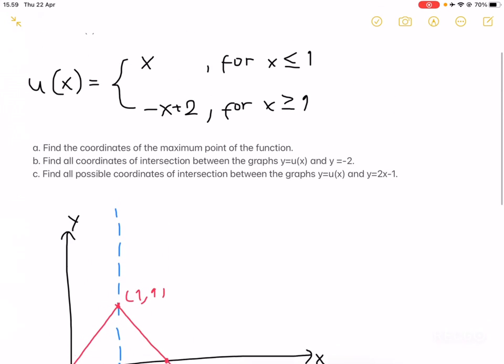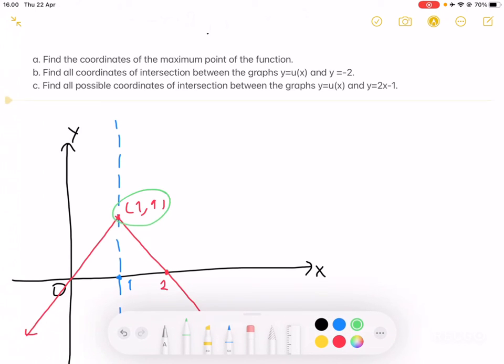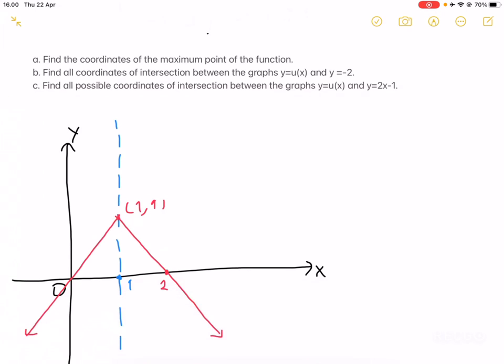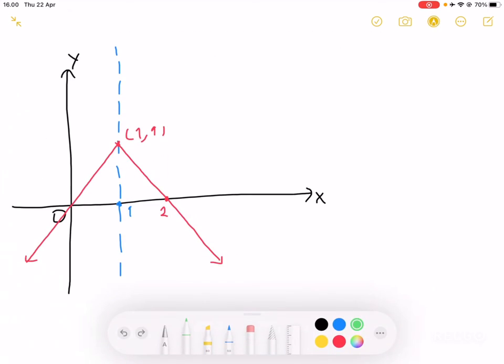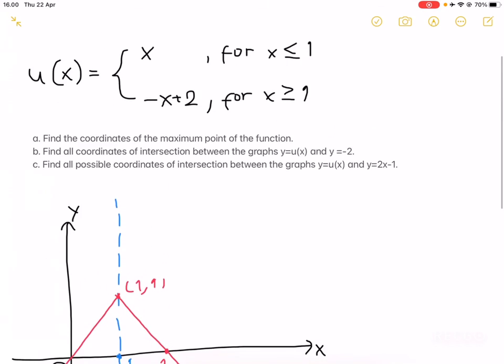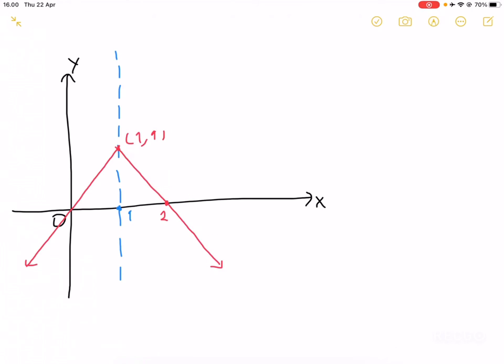Now you may guess that the maximum point of the function is indeed 1, 1, because notice that if you were to go this way, you end up going downwards and decreasing the value of y. And on the other hand, if you decide to go to the right hand side, you end up yet again decreasing based on the graph of -x plus 2.